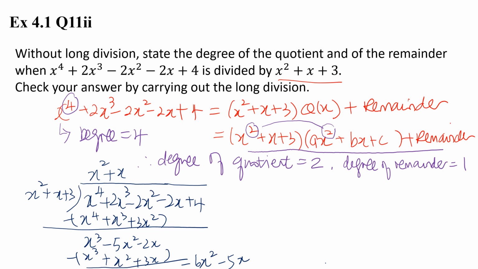Okay, never mind. So now I multiply with negative 6x. Okay, very bad. This is no standard. Let me do it again properly.